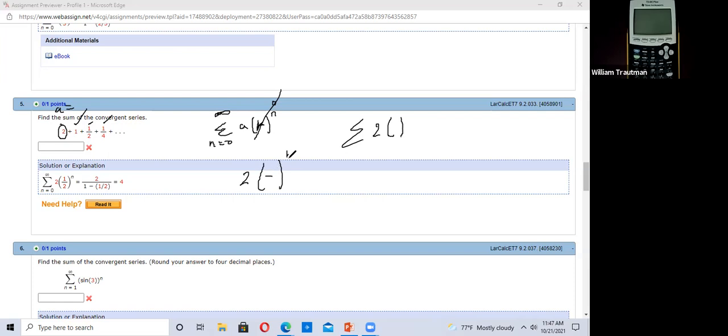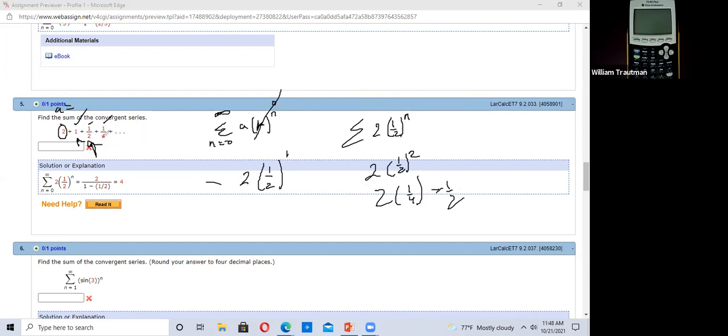So what fraction to the 1 power turns 2 into 1? Half of 2 is 1. So that's why we put the 1/2 in that spot. Then you can try the third term, which is n equals 2, which is 2 times 1/2 to the second power, which is 2 times 1/4, which equals 1/2. And we got 1/2 there, and so on and so on.